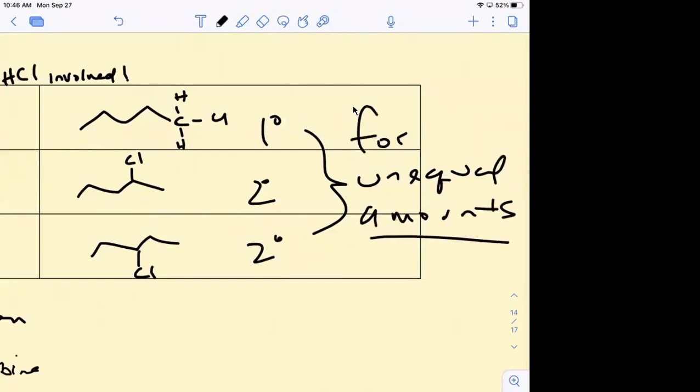But they're going to be formed in unequal amounts. All right, so we're going to stop right here instead of trying to push through and finish the product distribution part. And then we'll pick this up on Wednesday.